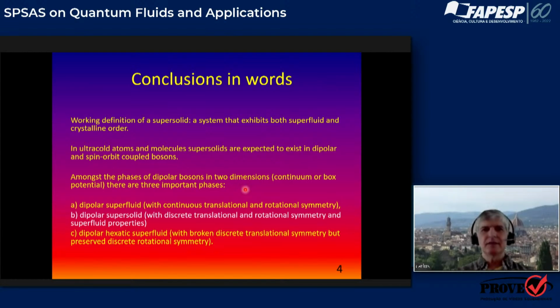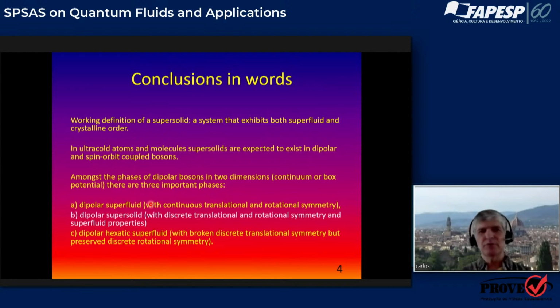And then today I'll focus on dipolar bosons, and particularly in 2 dimensions, and in the continuum or box potentials. This means without any lattice, just free space or a box potential or a trap that's as flat as possible. Among the several phases that those systems can have, I will highlight 3.